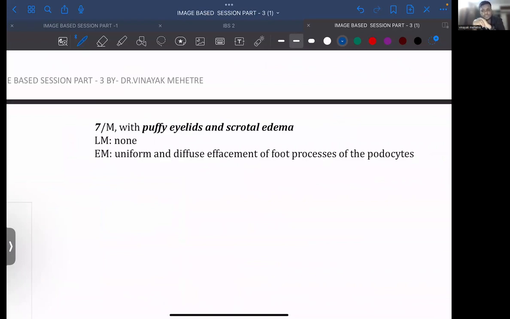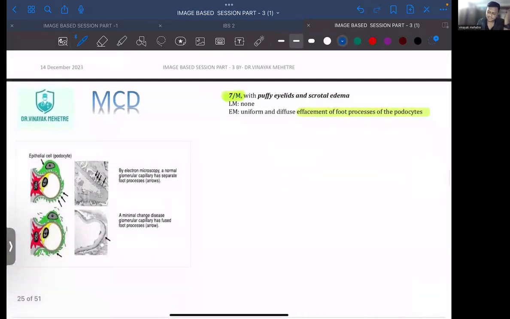But if you are seeing only effacement of foot process, which we also call loss of foot process, the lighter version of MGN is called MCD. Okay. So the first hint is age, and the second hint will be effacement of foot process, which is loss of foot process, and it is going to be seen in MCD, minimal change disease.